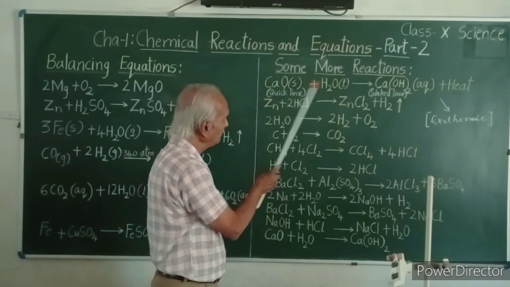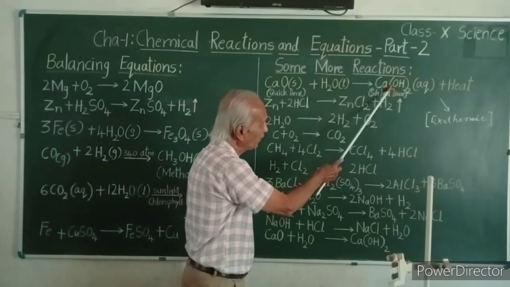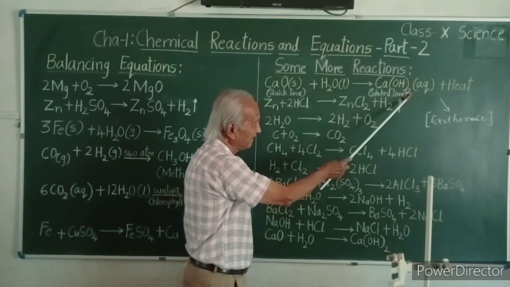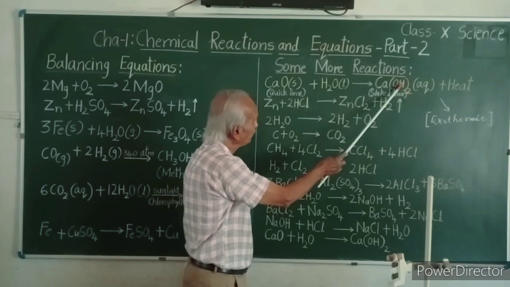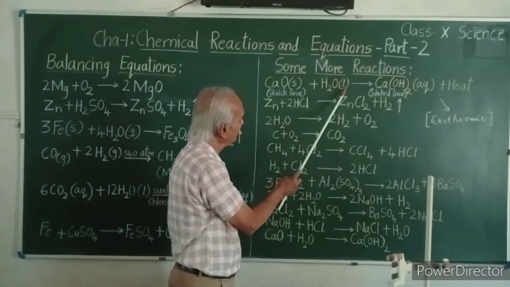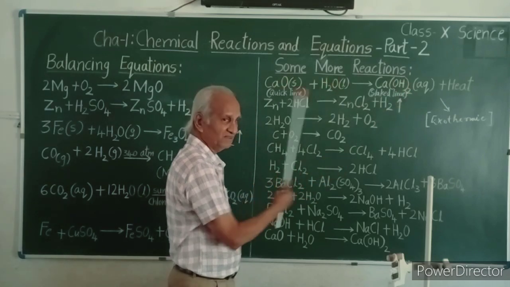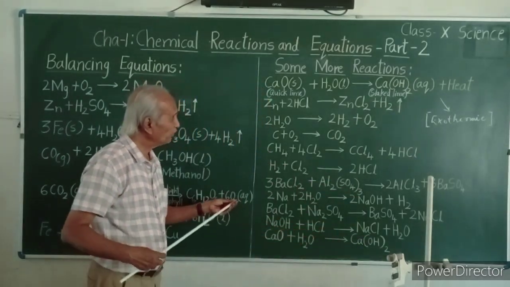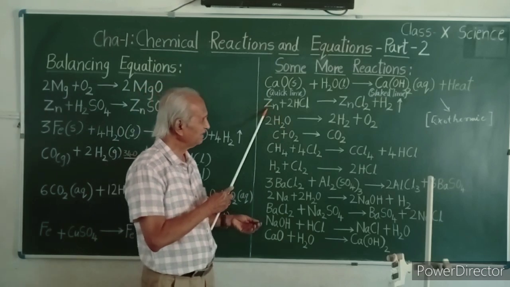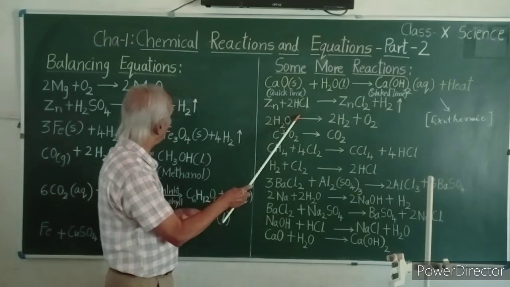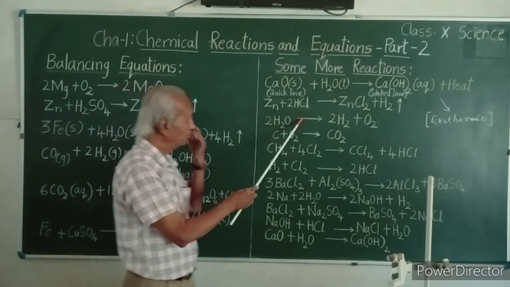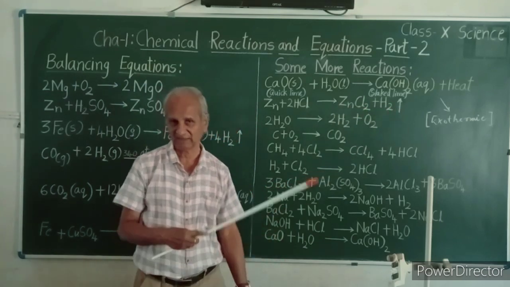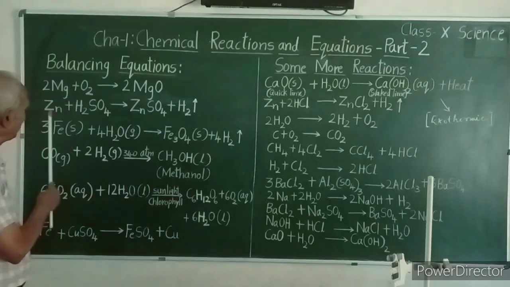Here you have one O, another O, and here O, with 2 outside the bracket, so 2 O, 2 H, 2 H is here. The entire equation is very well balanced. Let's move on to the next. Zinc plus hydrochloric acid gives zinc chloride plus hydrogen. We have already written one equation here.